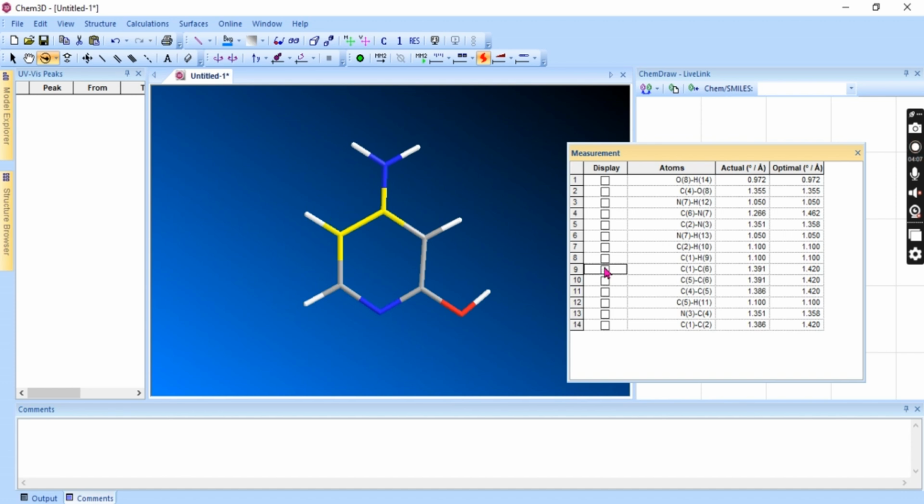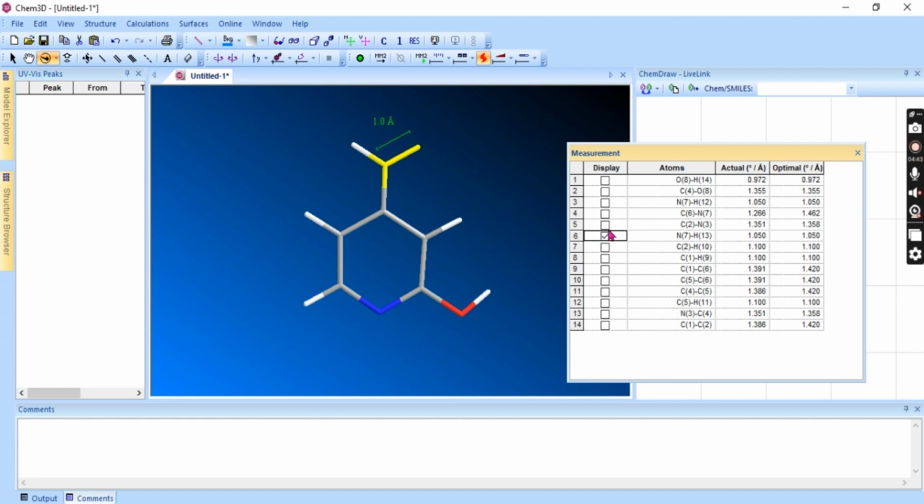Let's go upside. Here is the distance between nitrogen and hydrogen, which is 1.0 angstrom, lesser than carbon to hydrogen. Why is it less than carbon to hydrogen? Because nitrogen is more electronegative than carbon, it pulls electrons toward it and makes the bond more compressed.